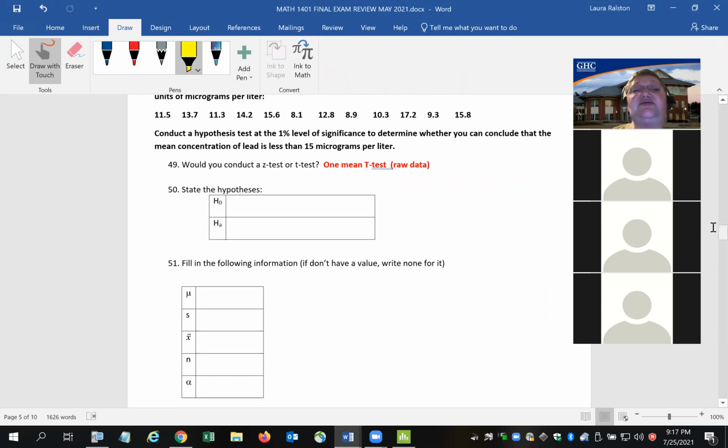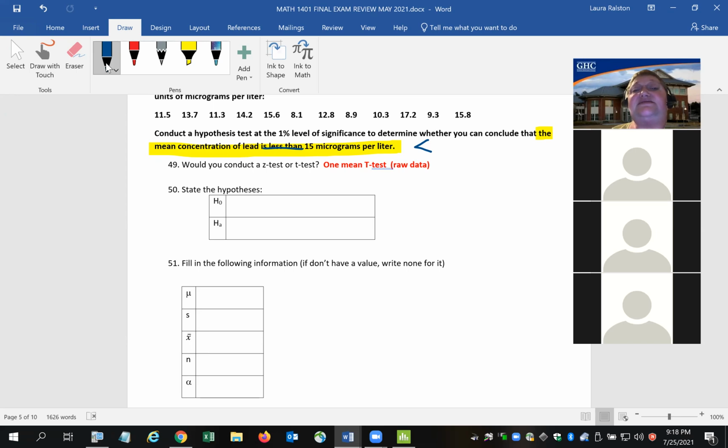Okay, so in this problem, looking for my hypothesis, again, the last sentence: conduct a hypothesis test to determine whether you conclude that the mean concentration of lead is less than 12 micrograms per liter. Okay, so it says is less than, which again, I hope makes you think of the symbol that looks like this.